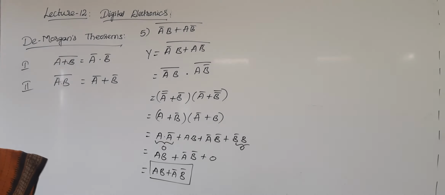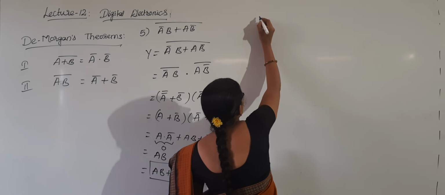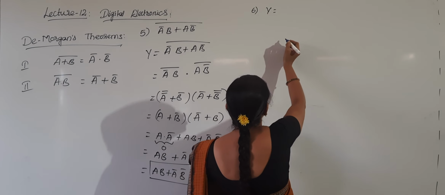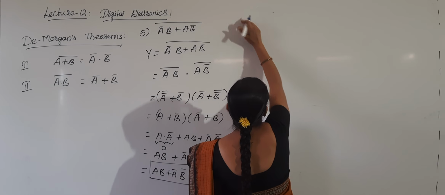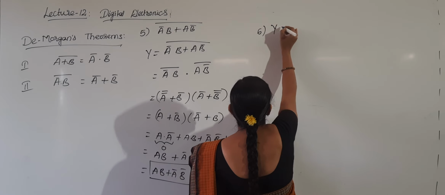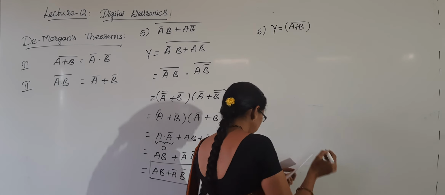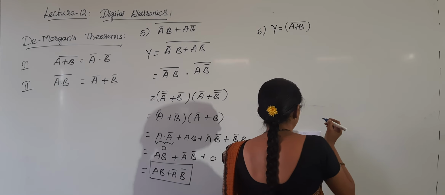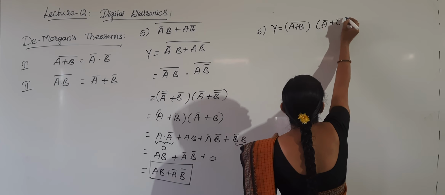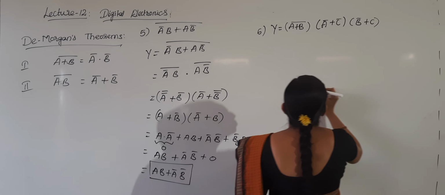Next one, the sixth one. y is equal to a plus b whole bar into a bar plus c bar, b bar plus c.